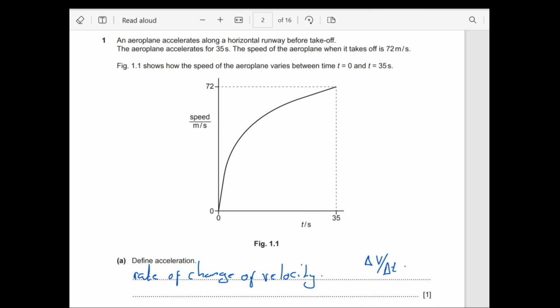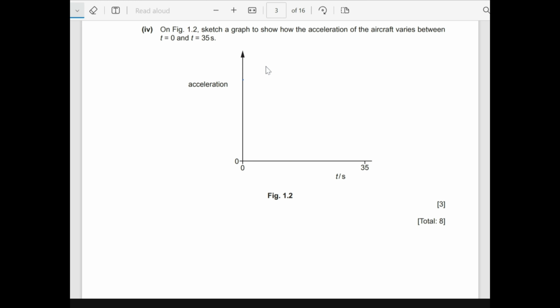Therefore, we can just show it here, showing that the acceleration is gradually decreasing as time is moving.